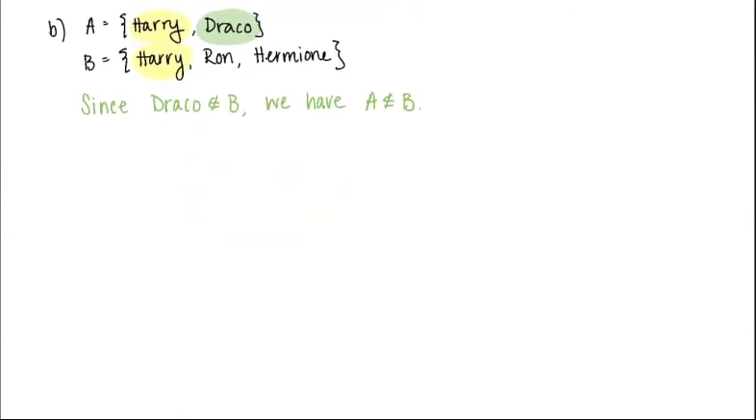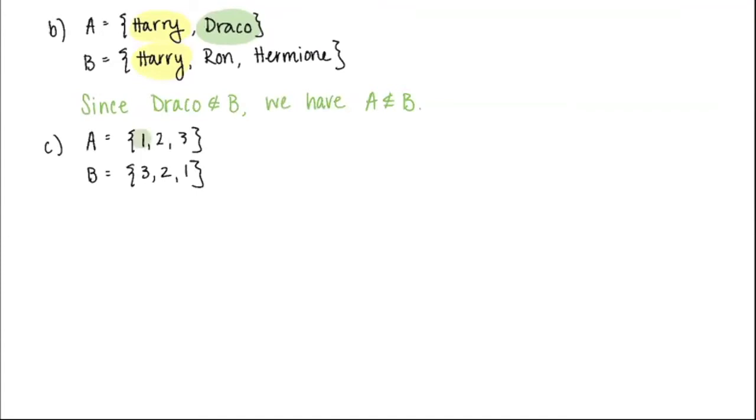So I got one more. A contains the elements 1, 2, and 3. And B contains the elements 3, 2, 1.